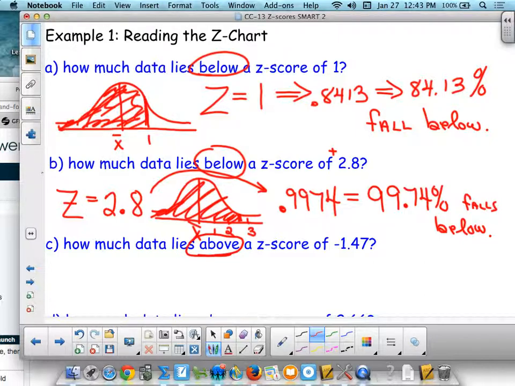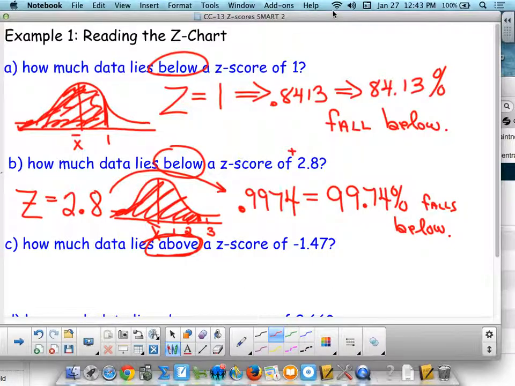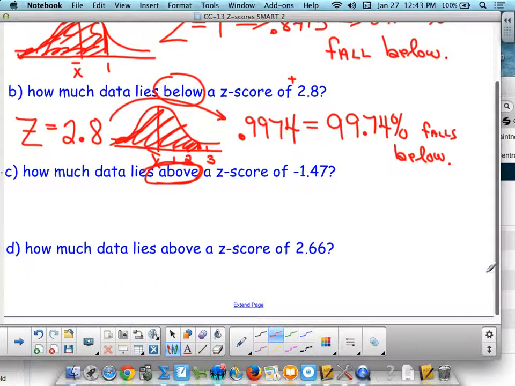How much data lies above? Careful. Above is different than below, obviously. Do it. See what you get. This time your z-score is negative. Be careful.